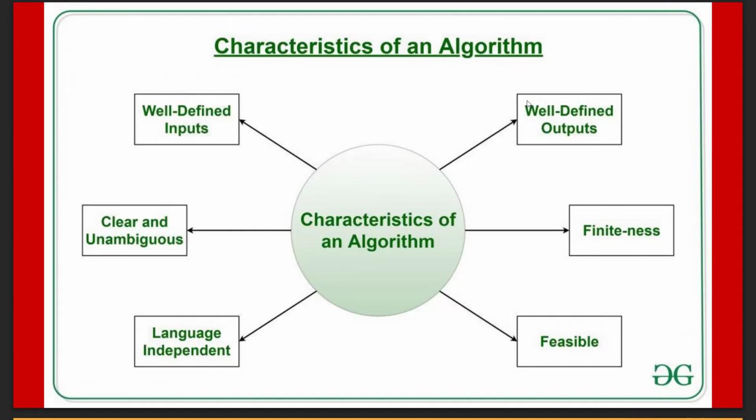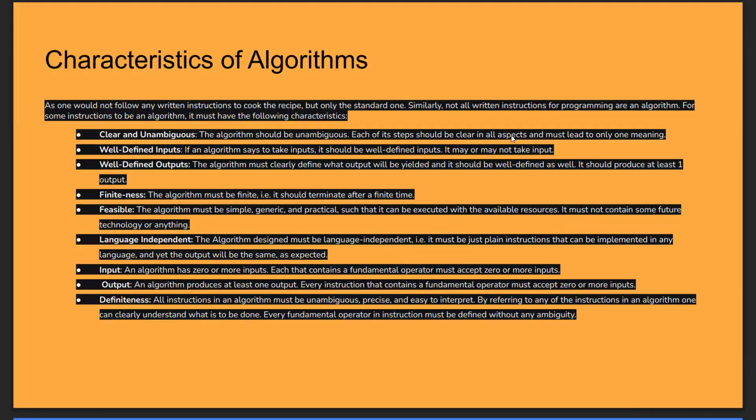If you want to define an algorithm, it should have these characteristics. By having them, we can optimize the problem and find the best solution for a given problem.